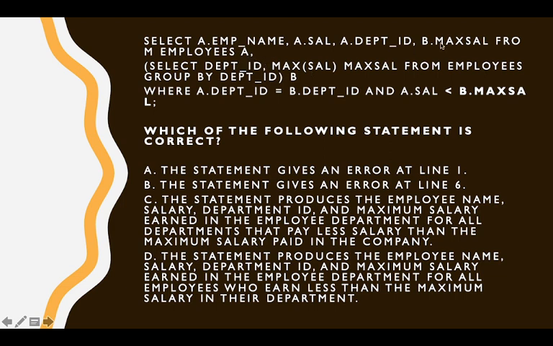So this is the subquery that we are using, and we are mentioning that as B. Now we are saying that where A department ID is equal to B department ID, that means the department should belong to both the query and subquery, and the salary from the main query should be less than the max salary from the subquery that we are using.